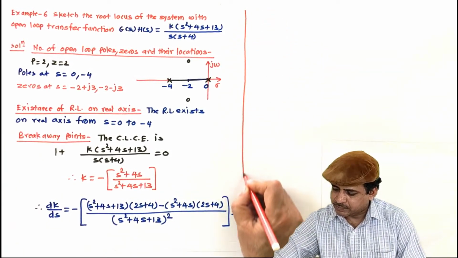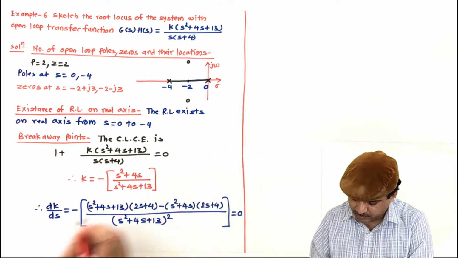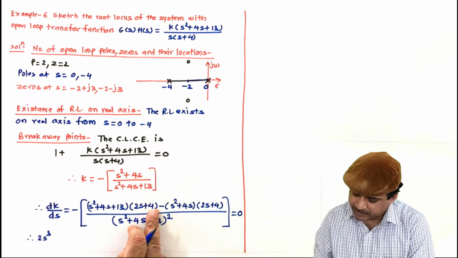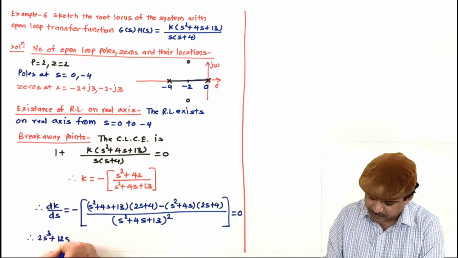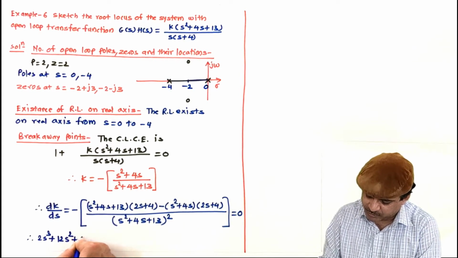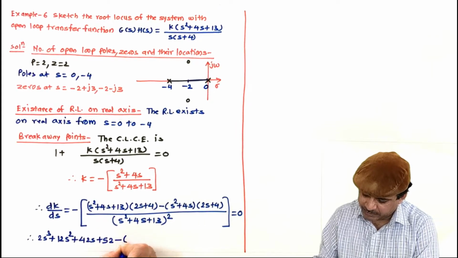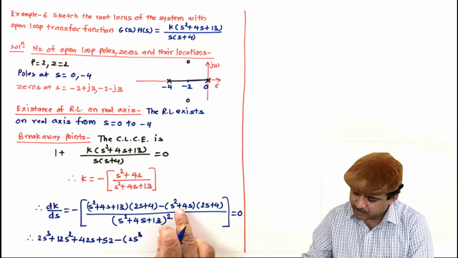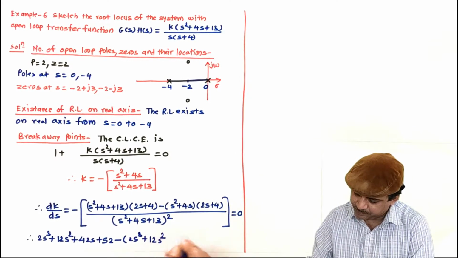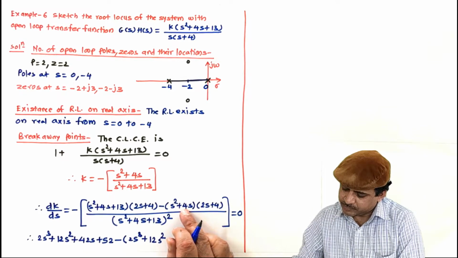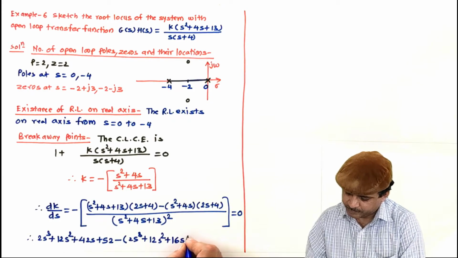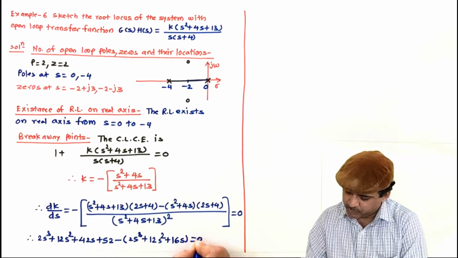So let us do it. This will give 2s cube plus 4s square plus 8s square, so plus 12s square, plus 16s plus 26s, so it is plus 42s plus 52, minus 2s cube plus 4s square plus 8s square, that is plus 12s square, plus 16s, equal to 0.